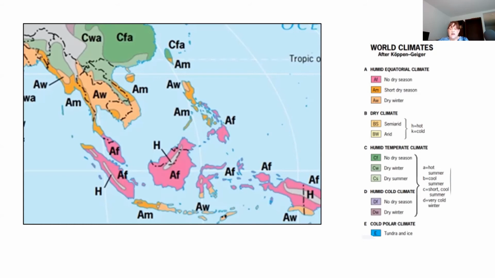But enough of it has been protected now that it is actually thriving. And we're going to see that Indonesia has actually stopped deforestation by companies that want to come into their country to farm, and they don't want any more of it destroyed.